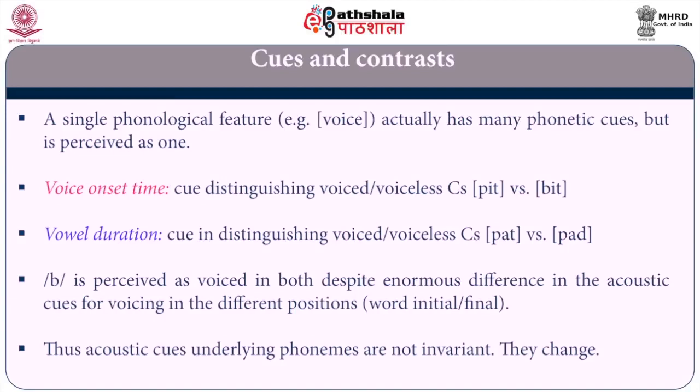In other words, take a single phonological feature like voice. I said p, t, k are voiceless, b, d, g are voiced, right? So voice is a very important universal phonetic feature. But the phonetic value of that voice can change from language to language. When we say voice onset time, which I have already explained to you, the range can change across languages.